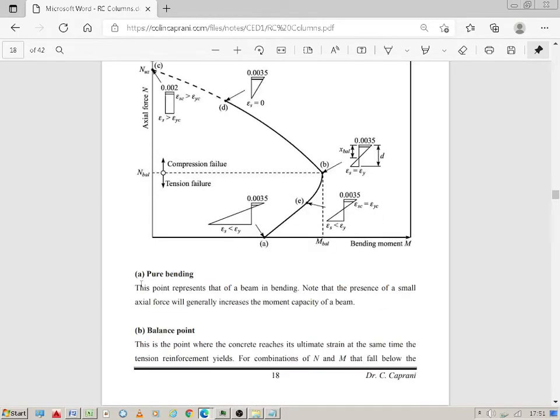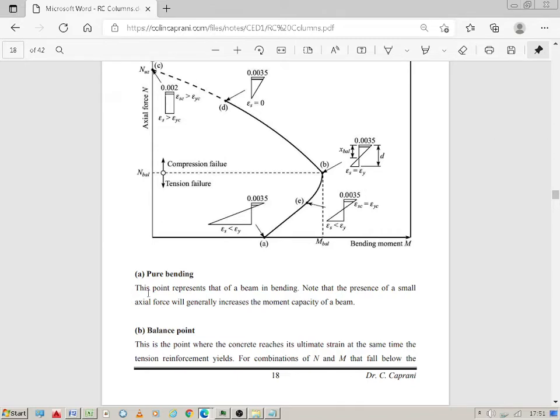So point A here is 100% bending moment with no axial force, which is pure bending. This point represents that of a beam in bending. That sentence isn't quite right, because as far as I know, usually a beam is only singly reinforced, whereas a column will always have symmetrical reinforcement.